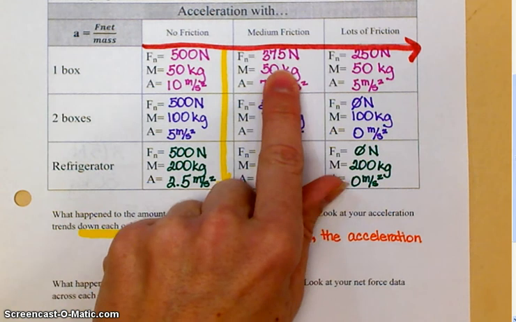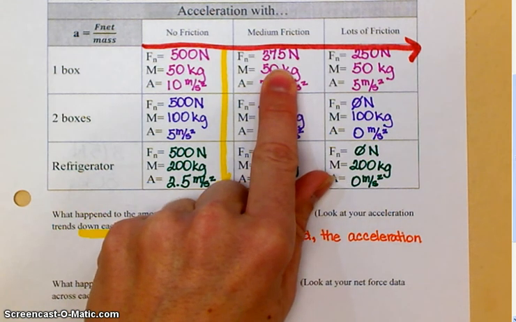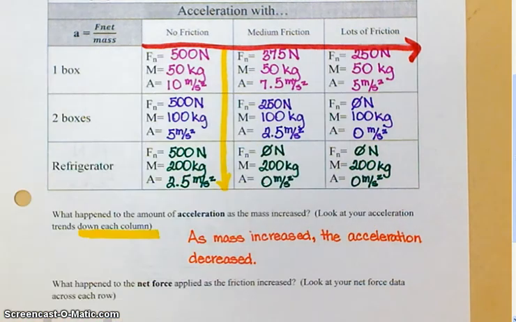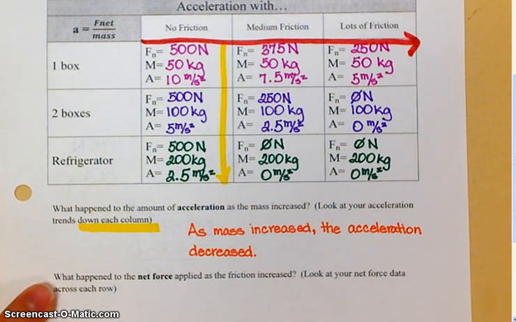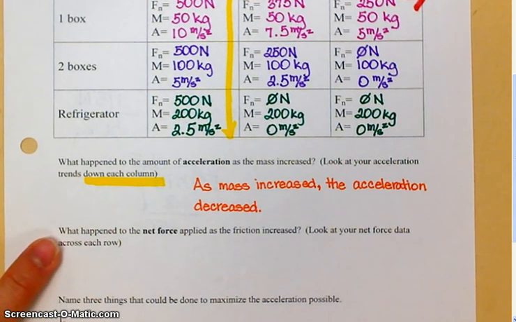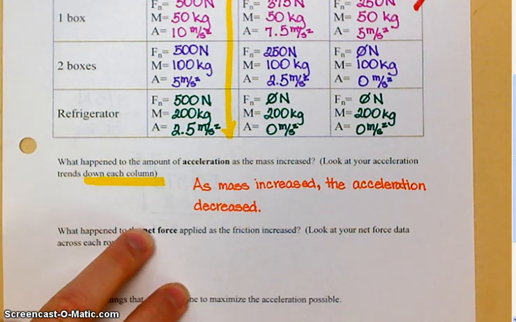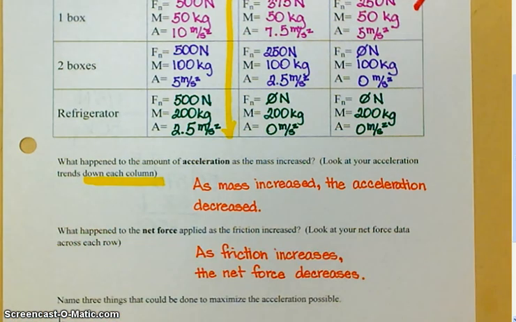But then we add some friction which partially counteracts my applied force, and the net force goes down. The net force goes down as the amount of friction goes up. So, what happened to the net force applied as friction increased? And you can write it in a complete sentence. As friction increases, the net force decreases. All right, so as friction increases, the net force decreases.